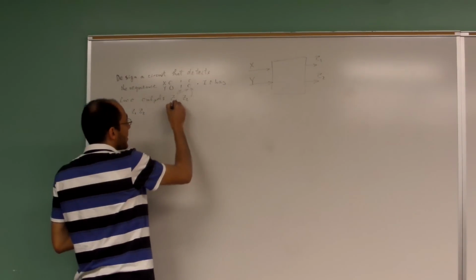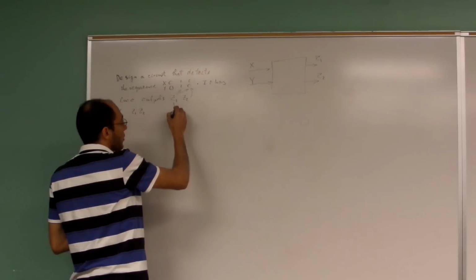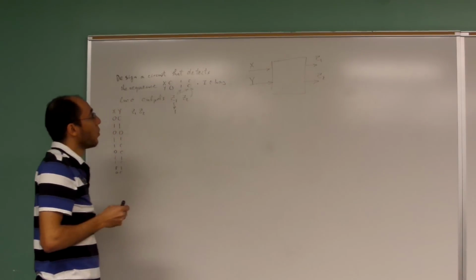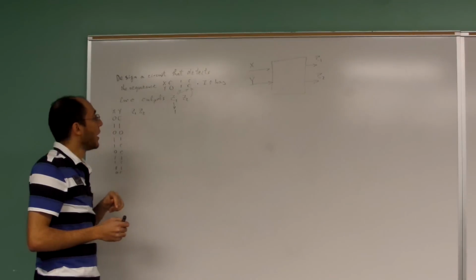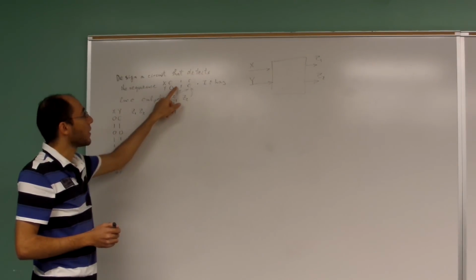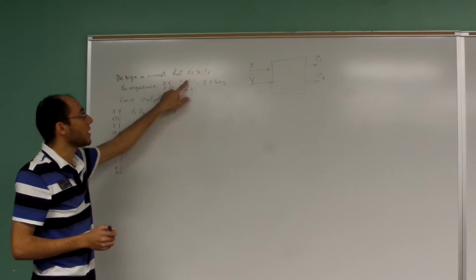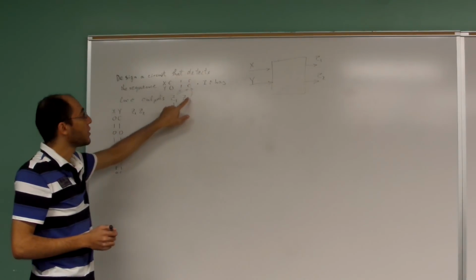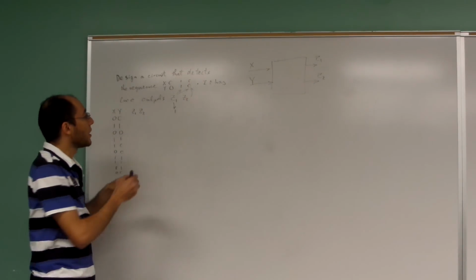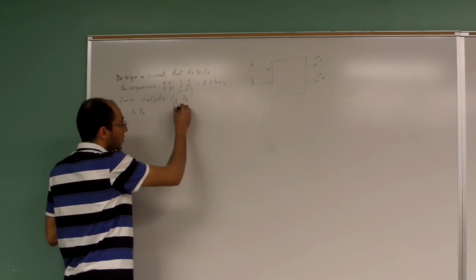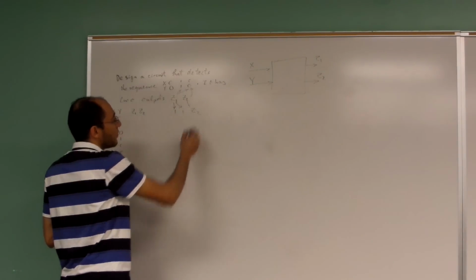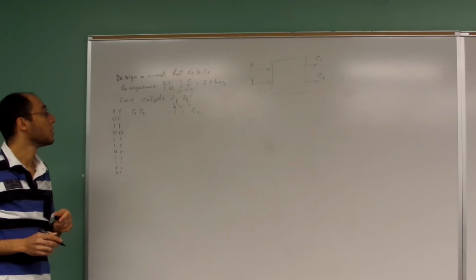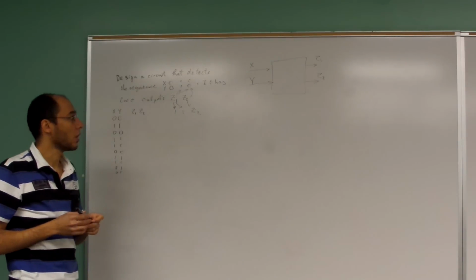And if in the third clock cycle it receives a 00, it should output Z1 equals 1 as well, and Z2 equals 1. Otherwise, Z1 and Z2 are zeros.